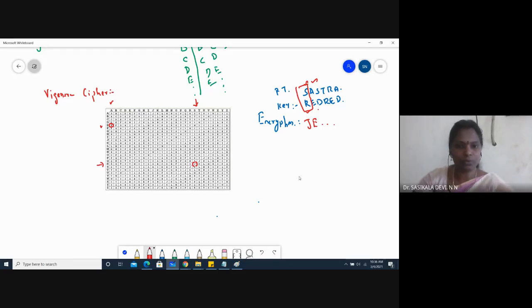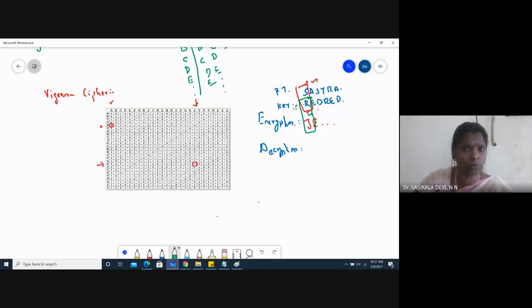What is the decryption process? For decryption, the same lookup table is used, no separate table. For decryption you get two inputs: key and ciphertext, R and J. The same thing, but a different lookup.